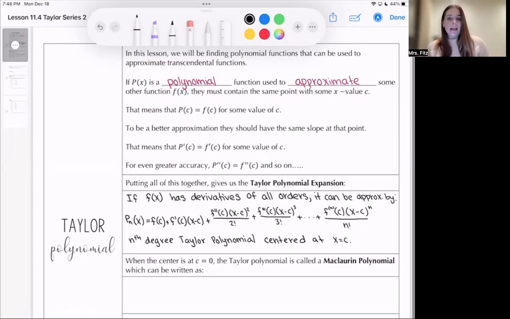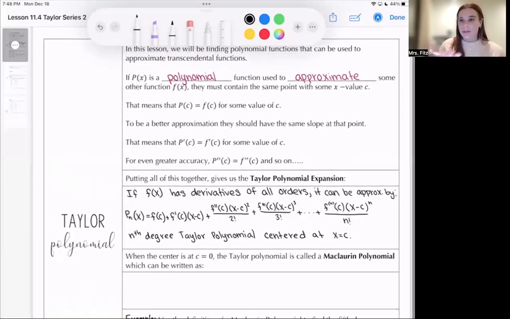Okay? Now, there's a very special Taylor polynomial called a Maclaurin polynomial. Essentially all that is, we're choosing c to be 0.